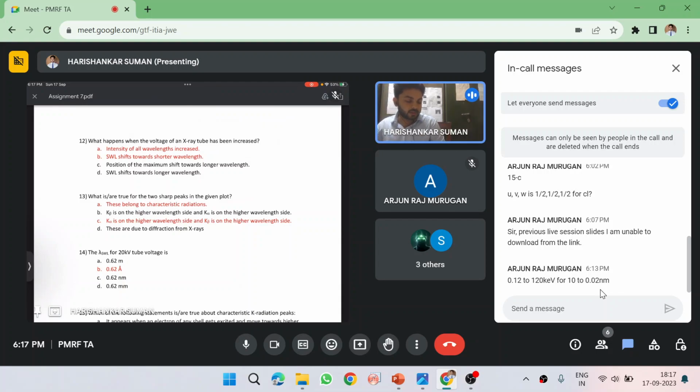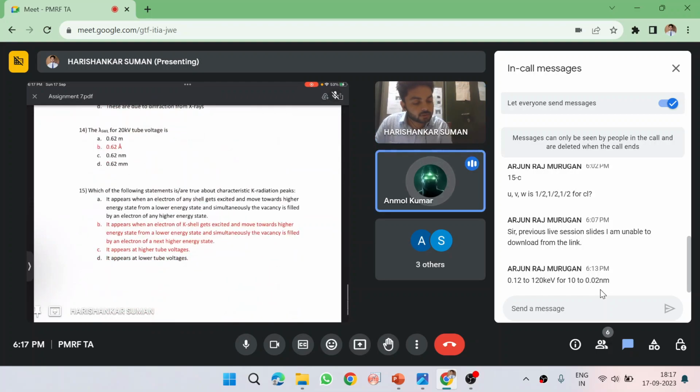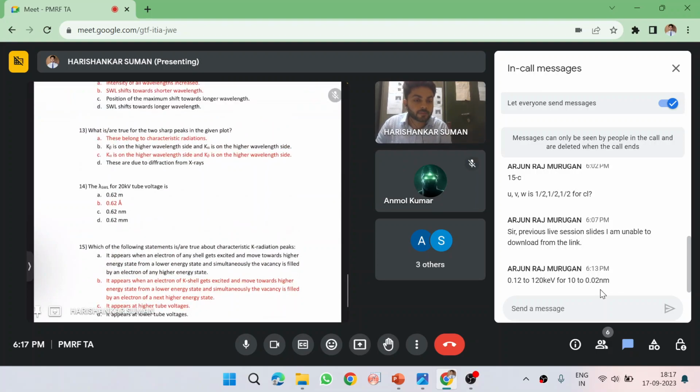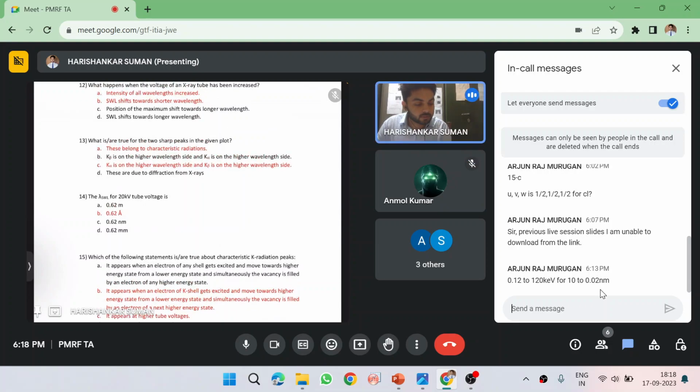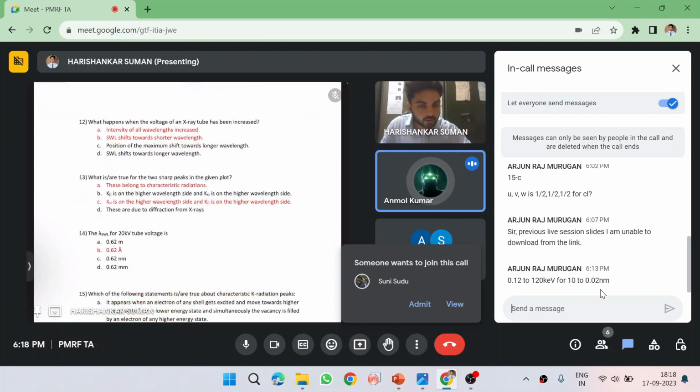Okay, I think I will check with the TA. Sir, in the same question, why will option D not also be a correct answer? Question 13: these are due to the diffraction from the X-ray. What is true for the two sharp peaks in the given plot? The plot is the K alpha and K beta plot.